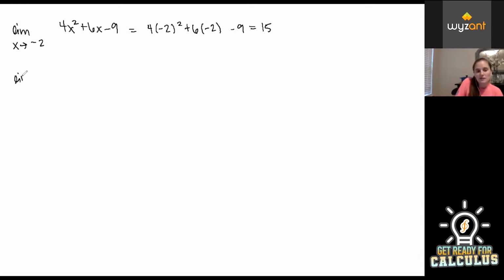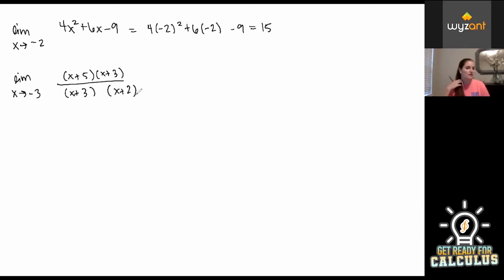If you're given something like this, where you're going to have a 0 on top and bottom when you plug in, that's going to be an indeterminate form. So we're going to have to do a little bit of extra work to see if it's approaching anything there, even though the function doesn't exist there. Because this term and this term can cancel out, we know that that's a hole from pre-calculus.